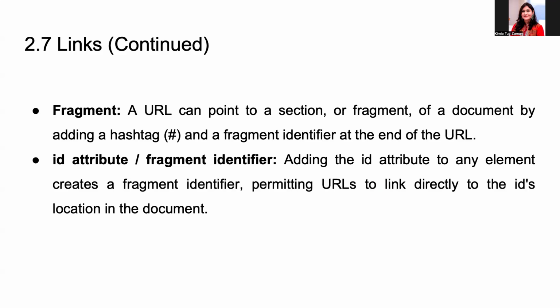So here #about points to a specific location inside the page, but for this to work, we need to mark the section using the ID attribute. So if we have, say, a heading 2 with id equal to about, and then "About Us", the browser knows exactly where to jump when someone clicks the link. This is really useful for long pages where you want to create quick navigation links to specific sections.